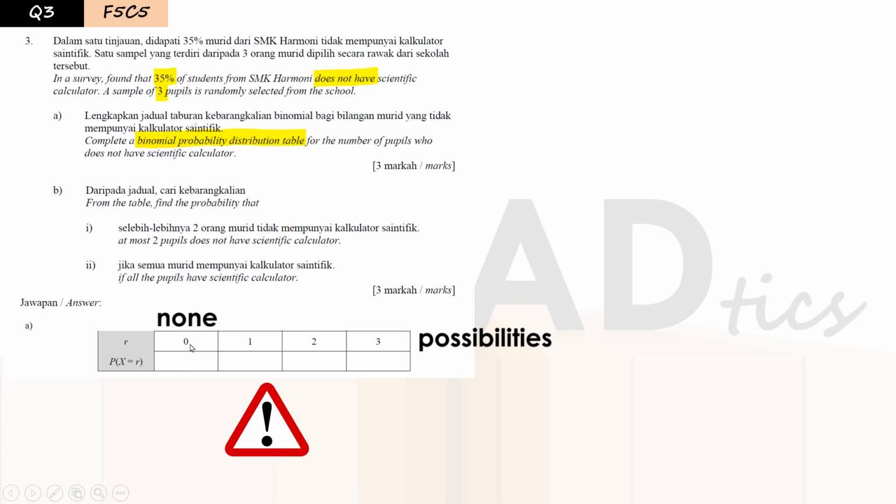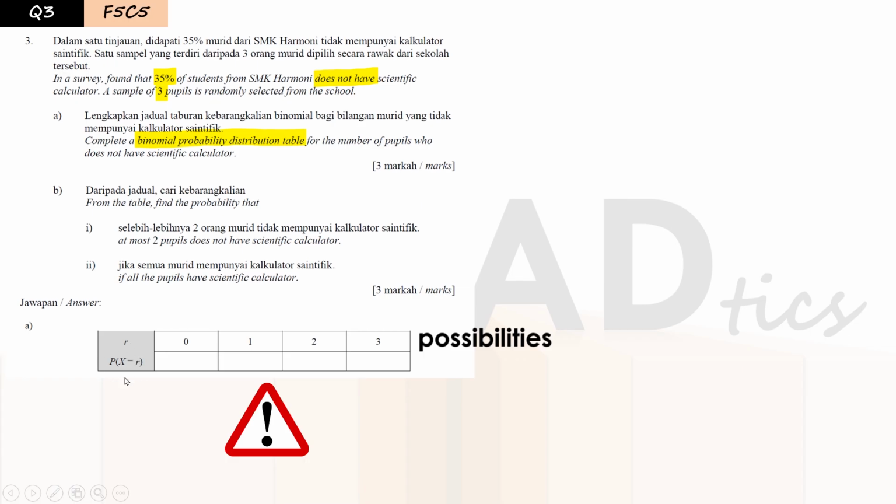Another extreme can be that all 3 pupils that I have selected do not have a scientific calculator, so that's why the n here would be 3. If we list down the numbers from 0 to 3, there will be 4 numbers, meaning 4 possibilities. So here R represents the list of possibilities.